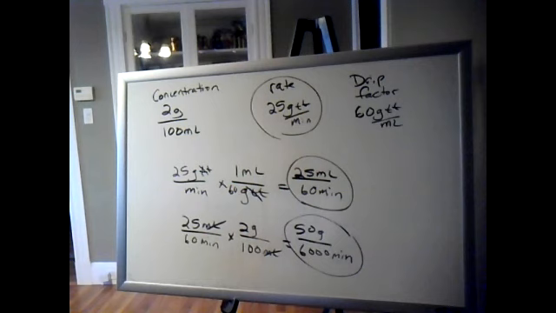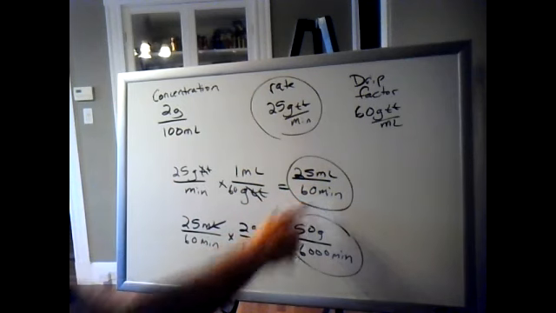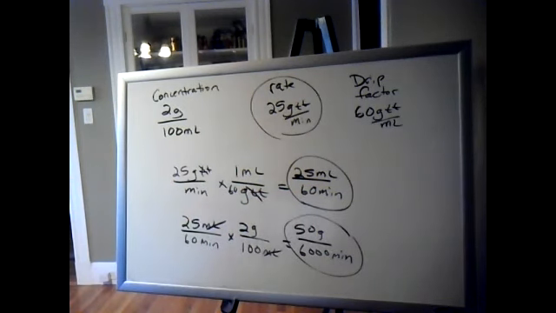So this problem asked a couple things. The first part is, how long will the infusion take? So if we want to know how long, and we're trying to dispense 100 milliliters, I might use the 25 milliliters to 60 minutes, and I'll just set that up as a ratio.